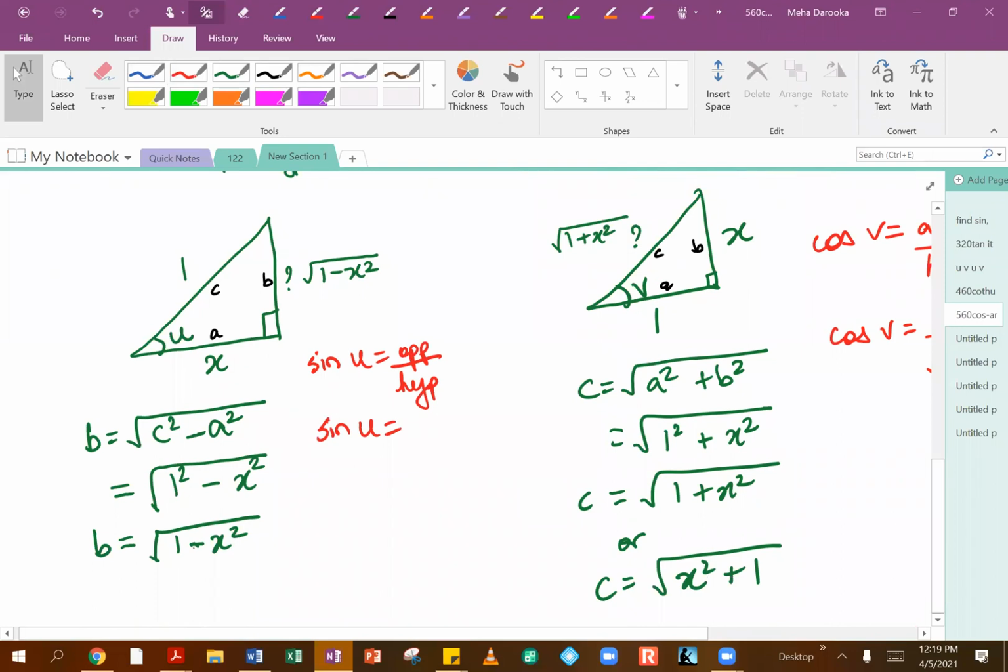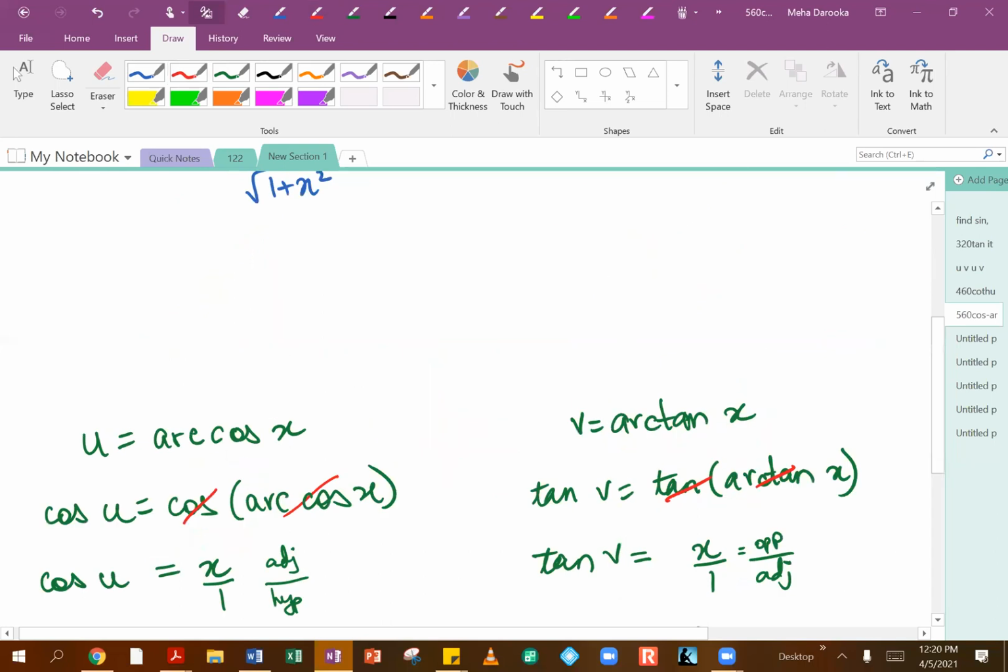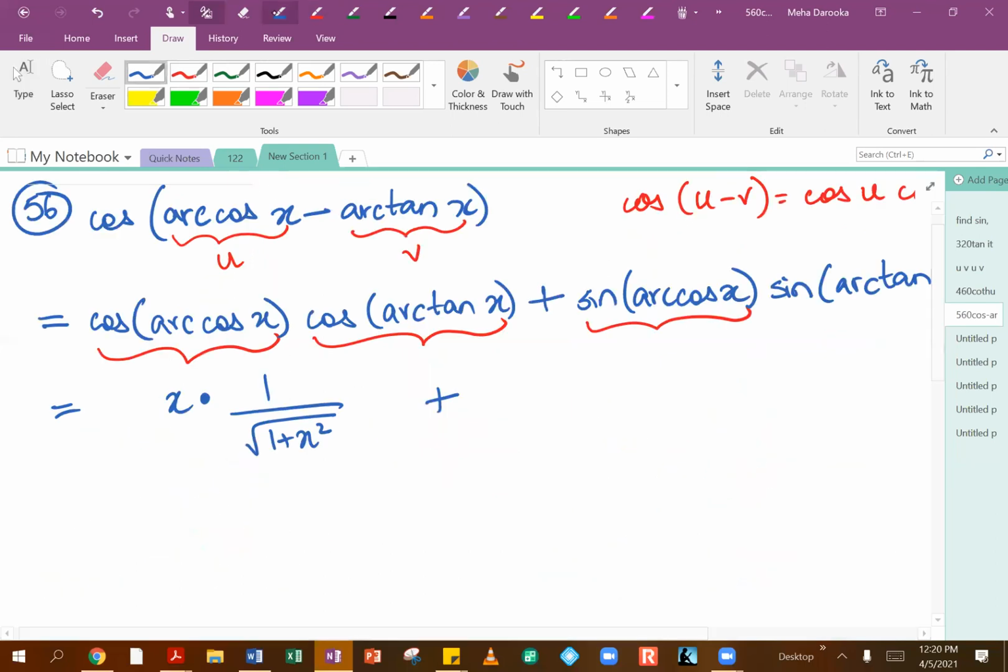I mean, sorry, square root of 1 minus x squared. Yeah, very good. So from u, the opposite side is square root of 1 minus x squared. Our hypotenuse is 1. So, of course, anything divided by 1 will be the number itself. So that's going to be just square root of 1 minus x squared. Very nice. So that's going to be for this part.